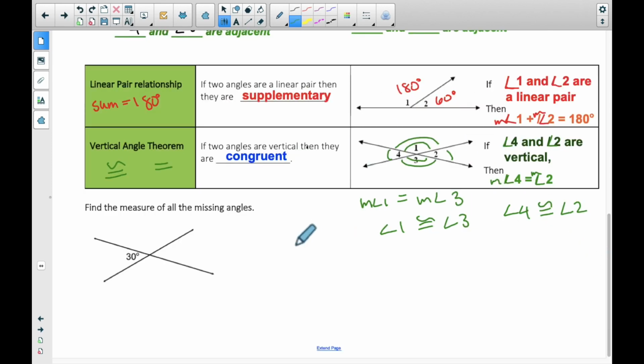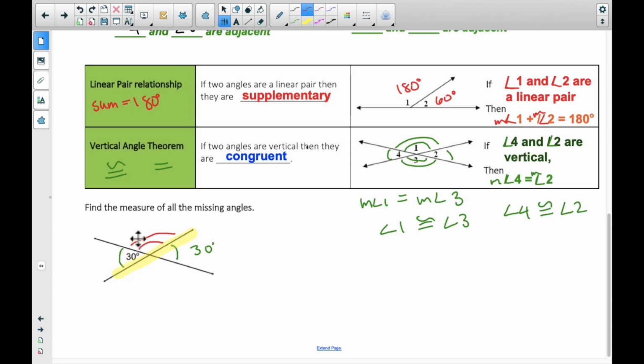Okay, when we know that, we can fill in all the missing blanks. So for instance, I'm looking at this angle, and I know this angle is a vertical angle with this angle. If those are vertical angles, that means they are congruent to each other. They're both 30 degrees. And then these other two, well, we can look at the linear pair. This one makes a straight line.